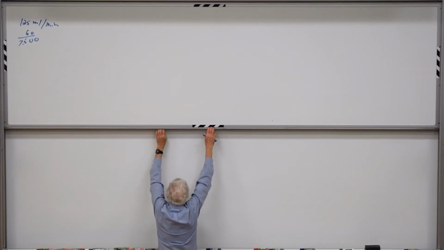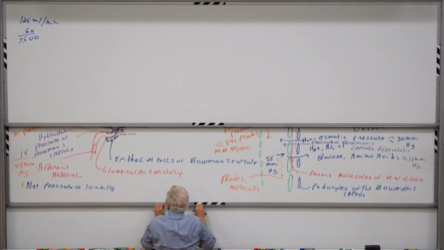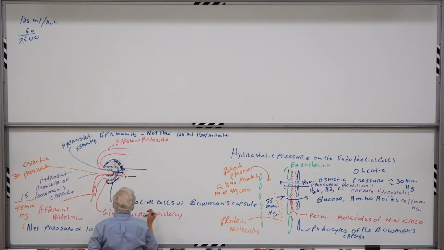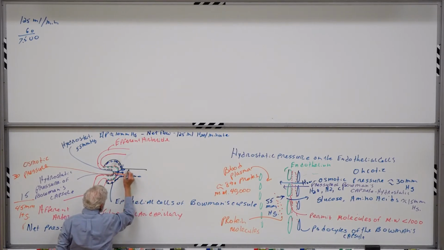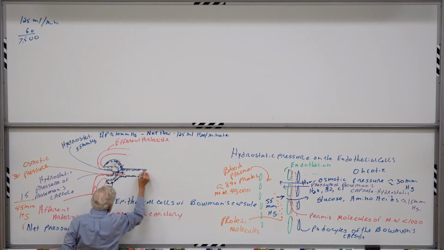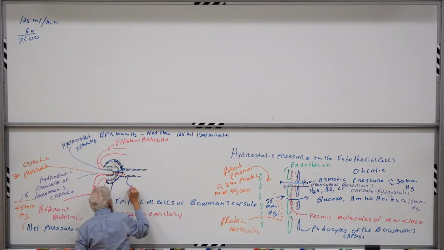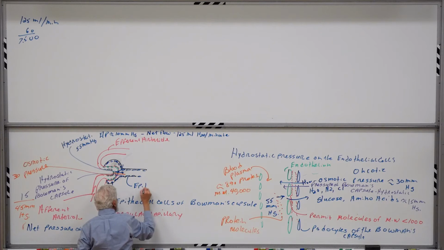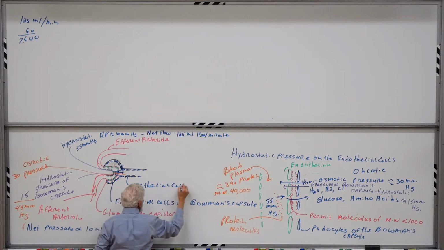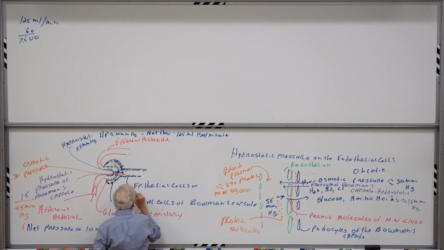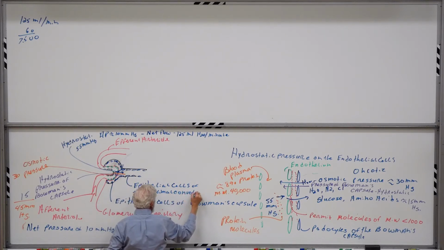let's go back up to the upper panel and extend these epithelial cells so that these are now the epithelial cells of the proximal convoluted tubule.